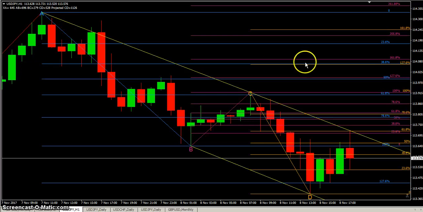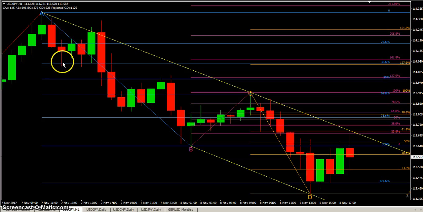In that particular case, you had your 38 pullback off the high, then it came back up into this zone, went through here at the 23%, came all the way down to the 61%. So once again, it's just trading at lines. It's not rocket science.